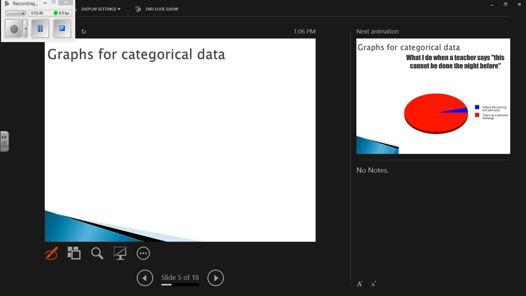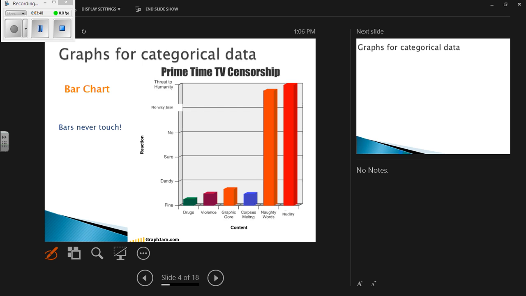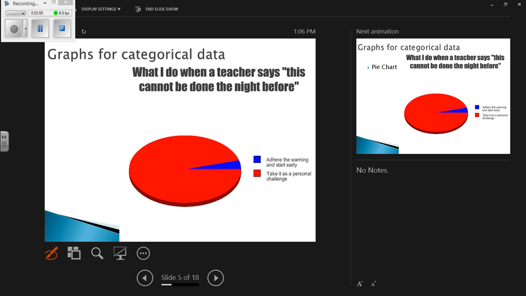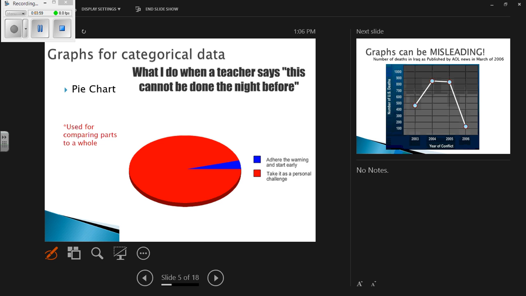You think back just a moment, this graph doesn't break down well in terms of percentages, but you do have these different categories, so a bar chart is appropriate. All of a sudden, you think about out of the class, 98% of the students are going to try to take the personal challenge versus the 2% who are going to adhere to the warning and start early, right? So that encompasses each part of an entire class.